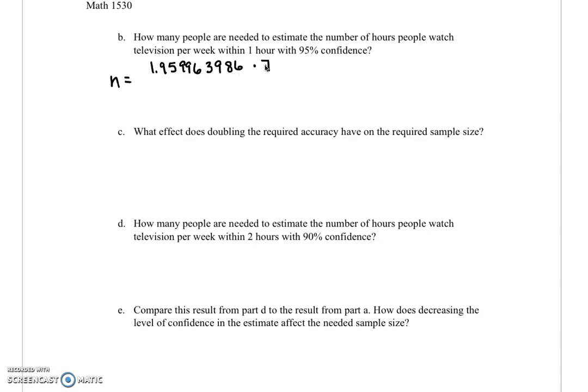Our sample standard deviation is the same, 7.5. This time our error is only 1. And if we calculate that, we end up with needing a sample size of 217 people.